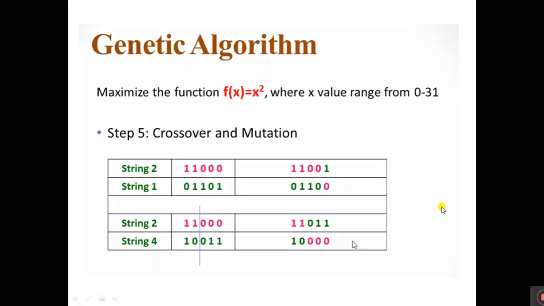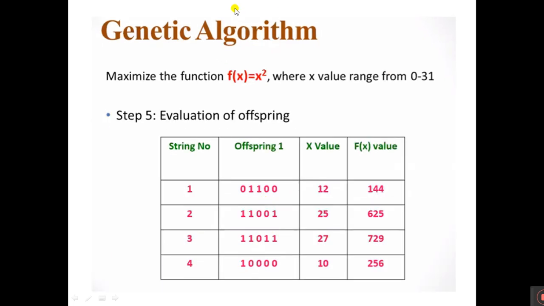Right? So these are the crossovers. String 2 contains 1 1, string 4 contains 0 1 1, both are swapped and crossed over. String 4 contains 1 0, then 0 0, both are crossed over. Next is evaluation of offspring. So after crossover, I am getting this type of value. Right?